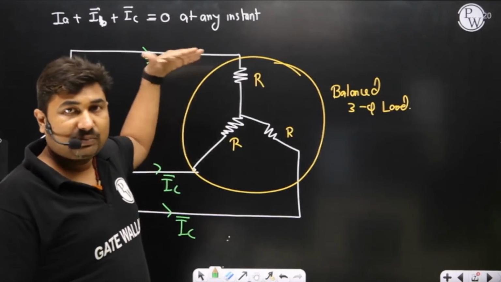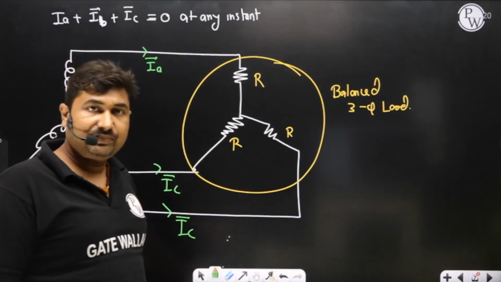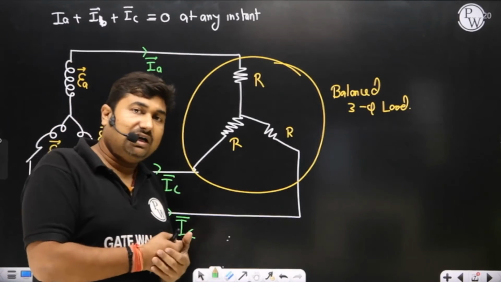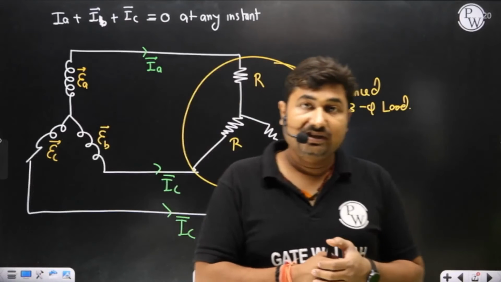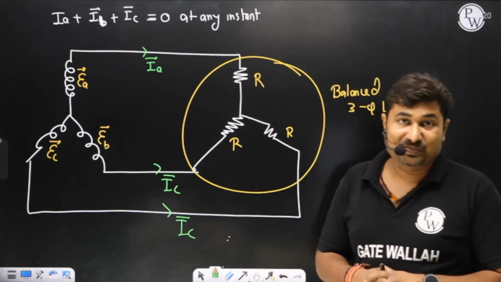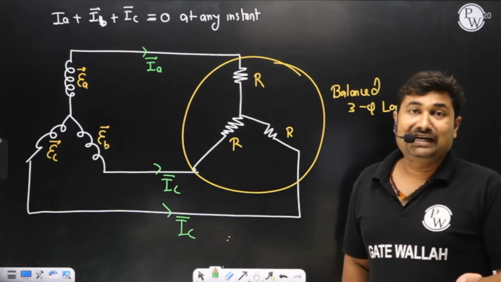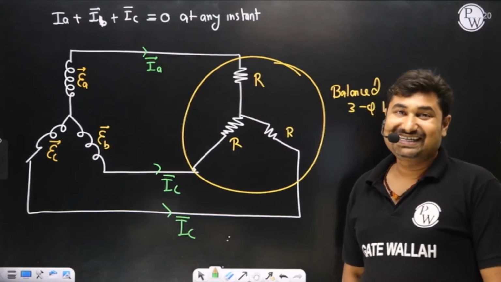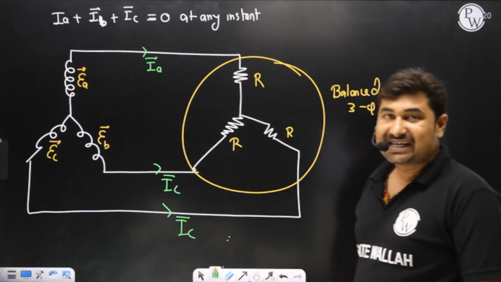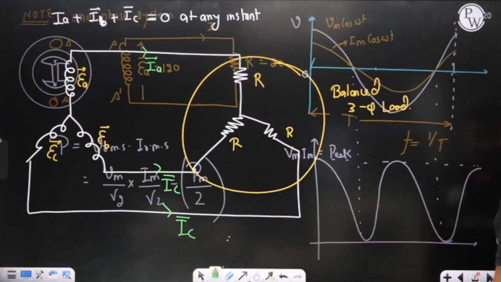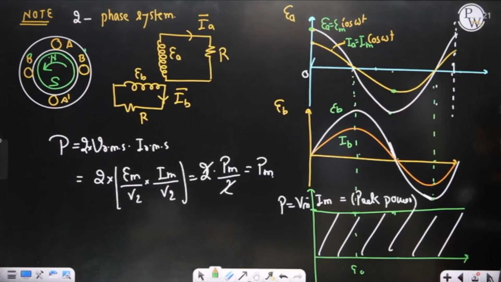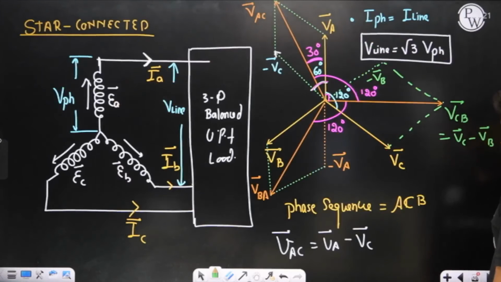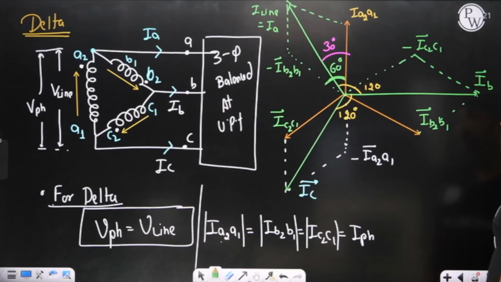So they are going to produce flux phi A, phi B, phi C. What is the sum of the currents at any instant? Zero, sir. IA plus IB plus IC is zero. Similarly, the flux created by IA plus IB plus IC is also zero. Yes, sir. So it means a three phase system will have better regulation possible. Is it okay? Net magnetic effect of the three phases is zero.